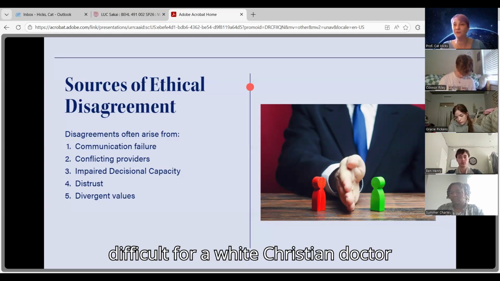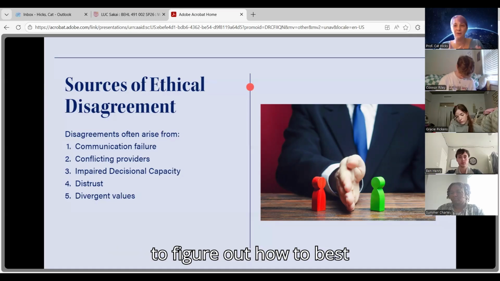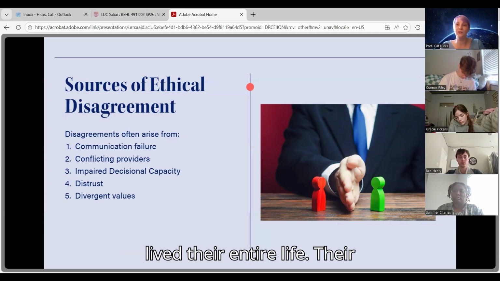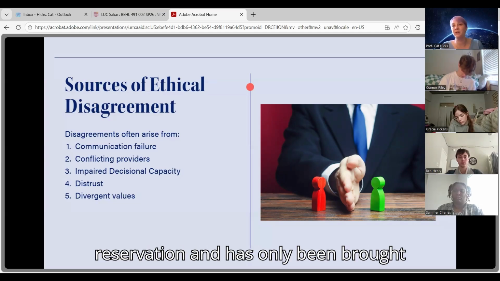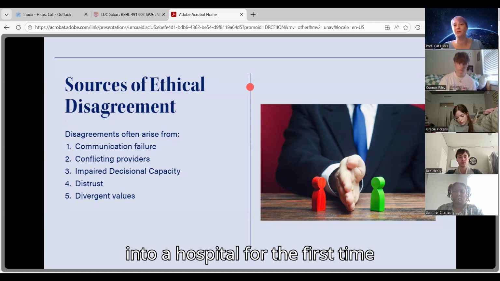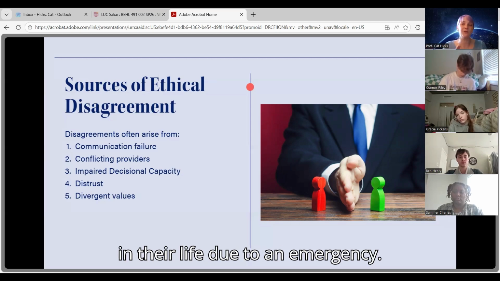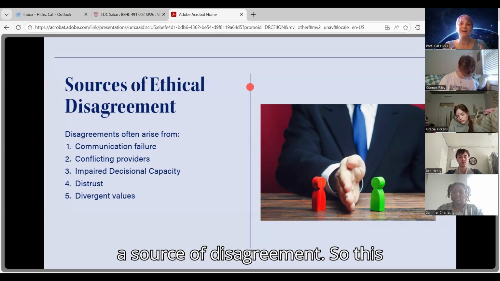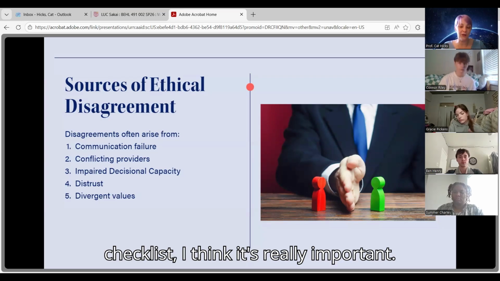Sometimes it's really difficult for a white Christian doctor to figure out how to best serve a Native American who's lived their entire life on a reservation and has only been brought into a hospital for the first time in their life due to an emergency. So those divergent values can also create a source of disagreement. So this checklist, I think, is really important.